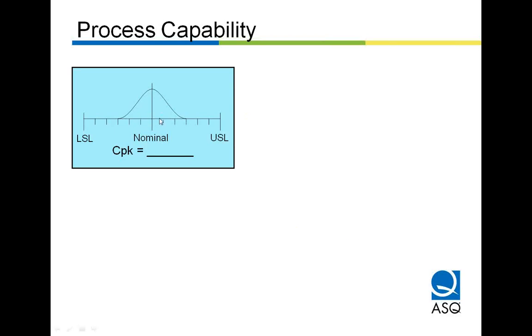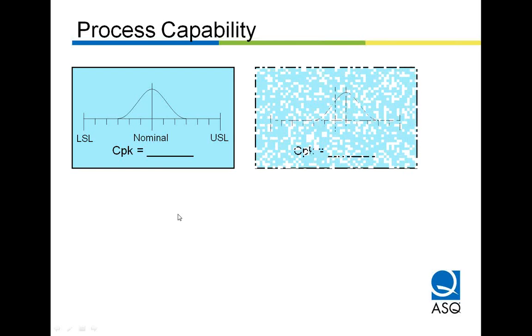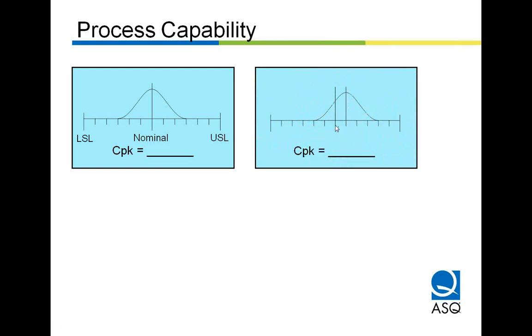If I'm perfectly centered, if I'm right on nominal, then my value for CPK is going to be equal to my value for CP, a value of 2. But as the process shifts by a standard deviation, what we're doing is counting the number of spare standard deviations.